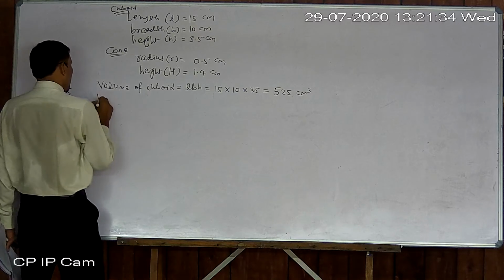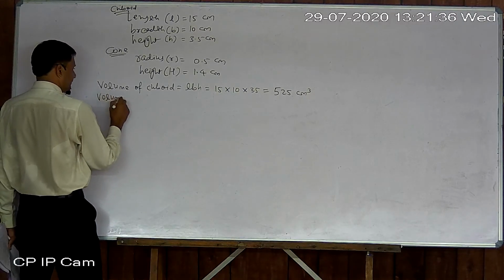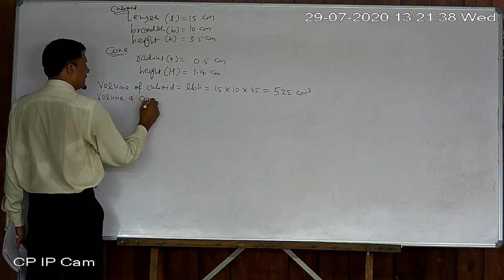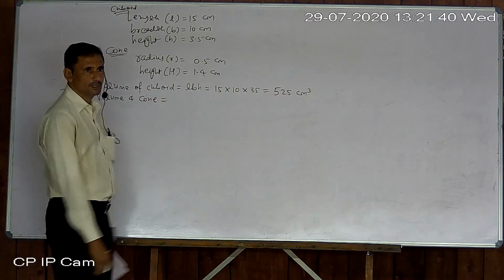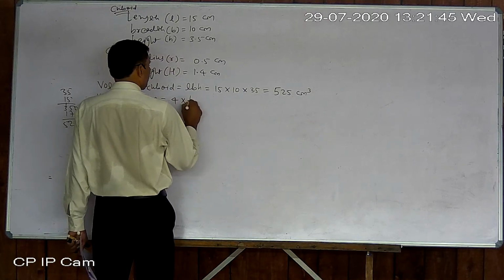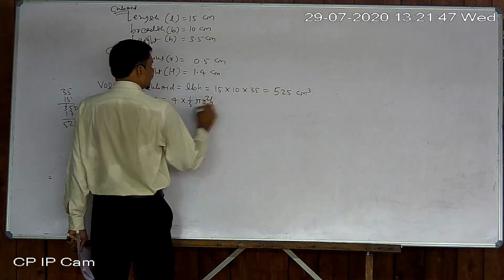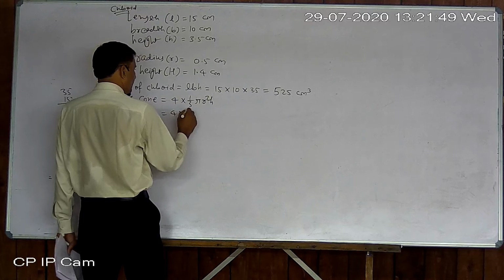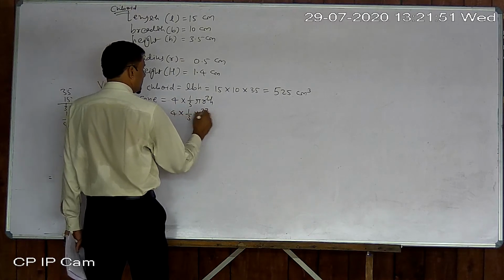Now the volume of 4 cones, or conical depressions. It will be 4 into 1 by 3 pi r square H. Now place our values: 4 into 1 by 3, 22 by 7.